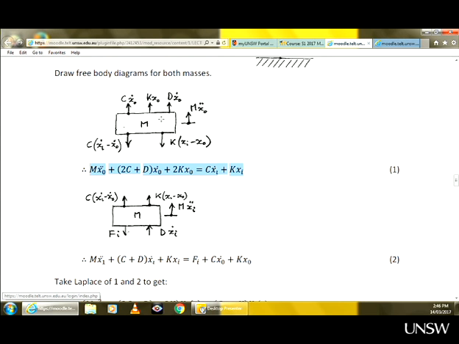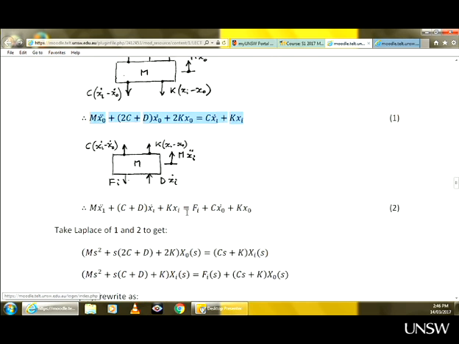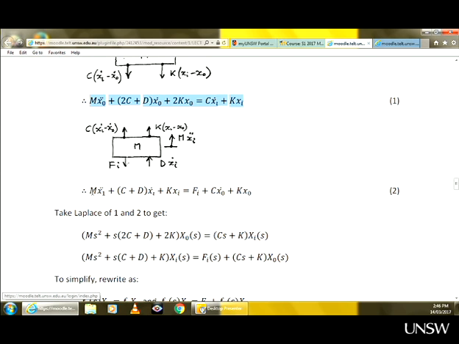Because I know every year I have questions on this. So whatever you see here, this mxo double dot, pretend it's not there. And this one, pretend it's not there. So inertia will be equal to the algebraic sum of all external forces that act on the particular mass. Okay? So this will be the equation describing the second mass.